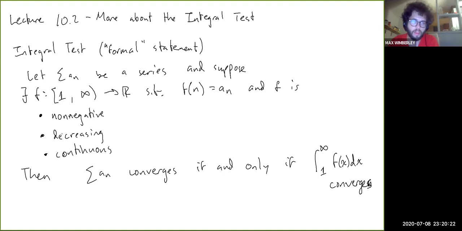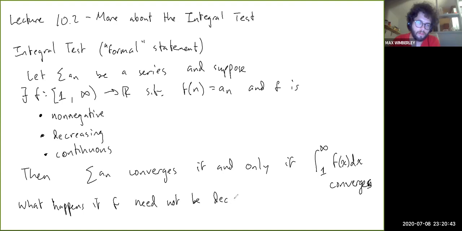So that's important. But what's really interesting is to think about what happens when you drop the decreasing requirement. So what happens if f need not be decreasing? Let me sketch an example of what can go wrong.